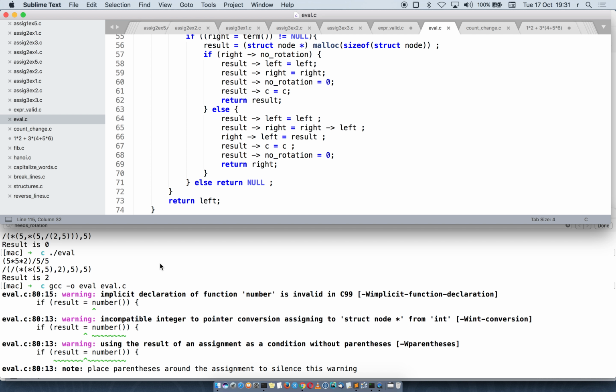And guess what? Number is also a library function. So we have a name clash, unfortunately. So we're going to have to call it something different. And the easiest thing to do is call it num. And hope that doesn't clash.